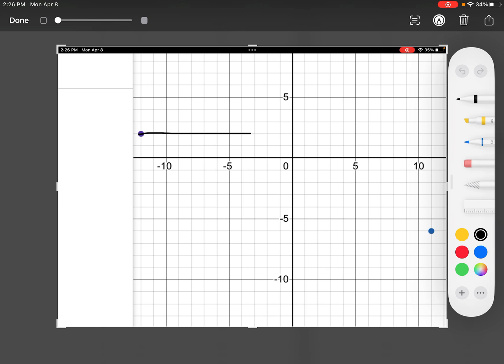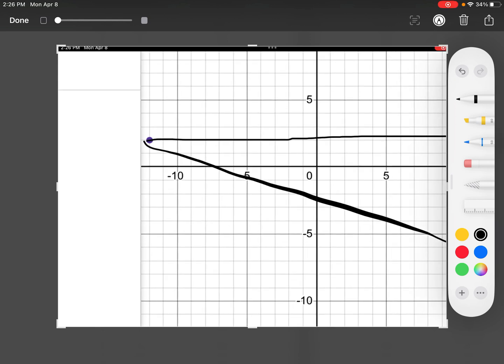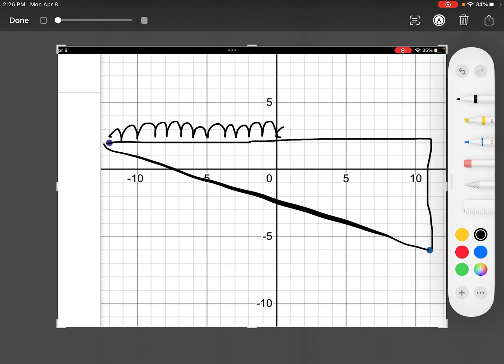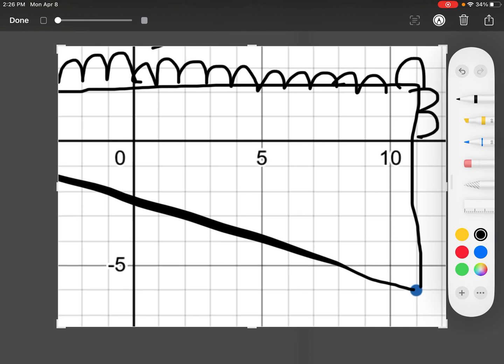I'm going to make my right triangle. So I know that they're counting by ones. So that's 1, 2, 3, 4, 5, 6, 7, 8, 9, 10, 11, 12, 13, 14, 15, 16, 17, 18, 19, 20, 21, 22, 23. And then I know this one is 1, 2, 3, 4, 5, 6, 7, 8.